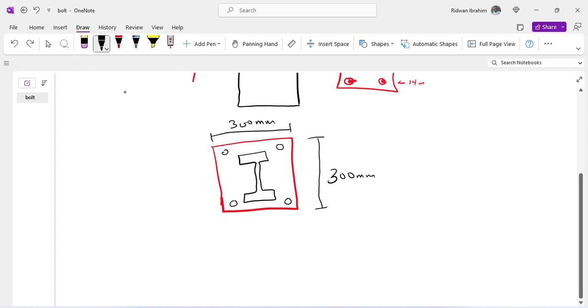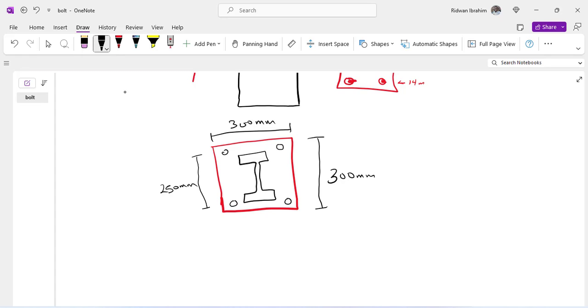So since our plate is 300 by 300 mm, I can assume that the spacing between this top bolt and this bottom bolt is 250 mm. After my design, if this is too small or too big, we can then adjust it. But you know, it is just like a trial and error method of design.